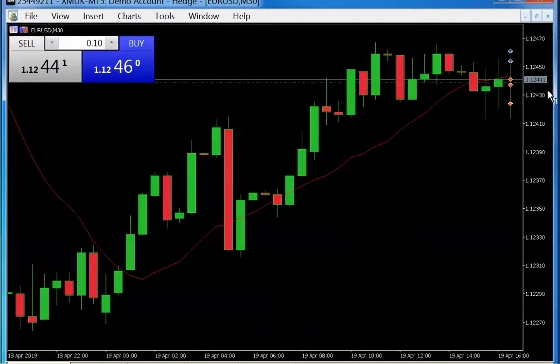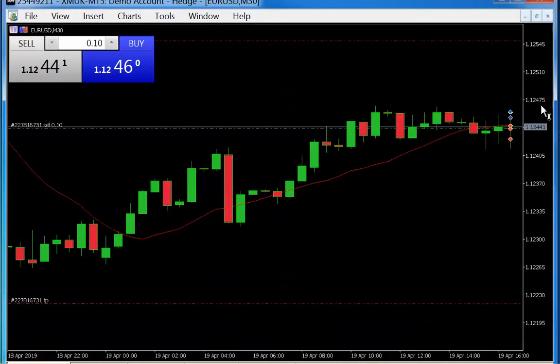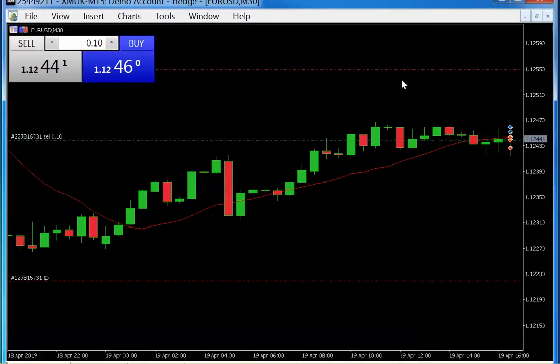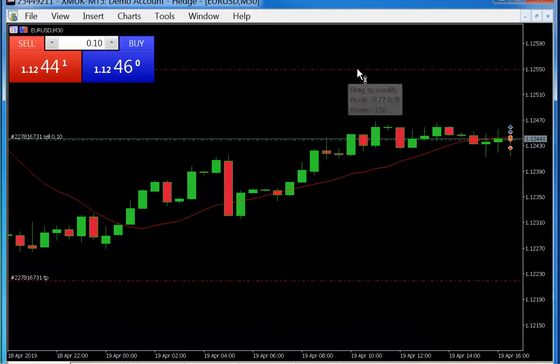Now if I squeeze the chart up, you can see we did a sell trade, so our profit is down here and our stop is up there, our risk. Our profit is twice the size of our risk. That green line is our trade line where we entered the market, and we will exit the market at that line or at this line if the trade goes against us.